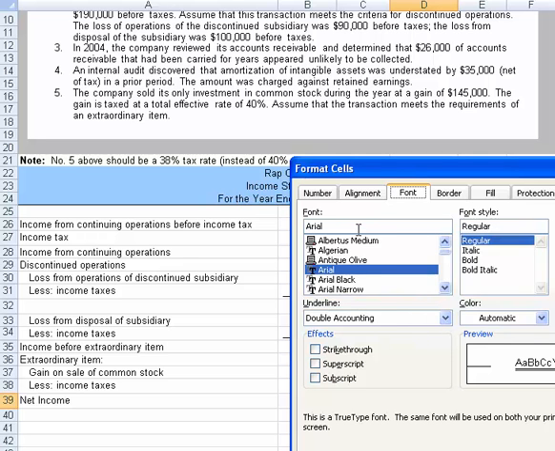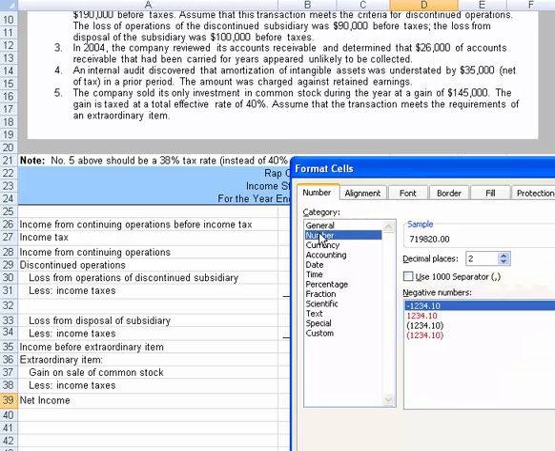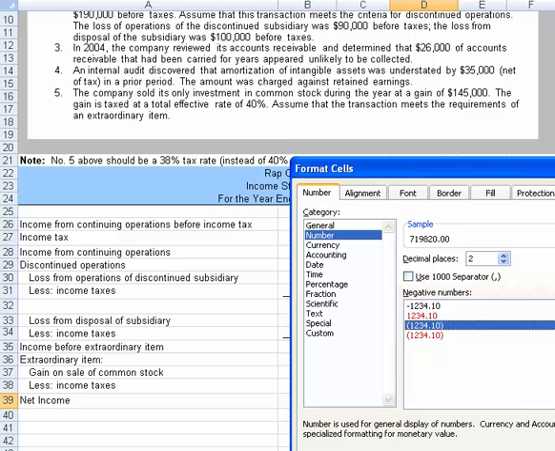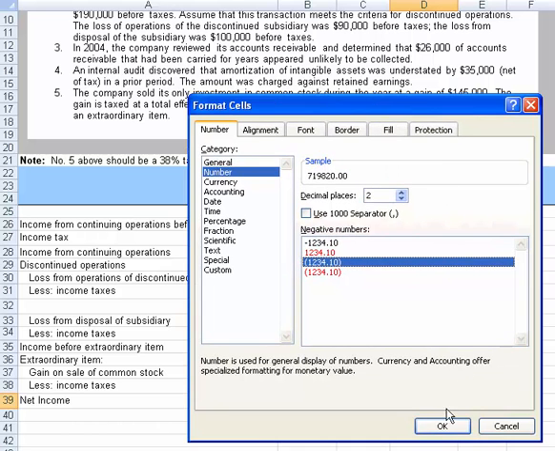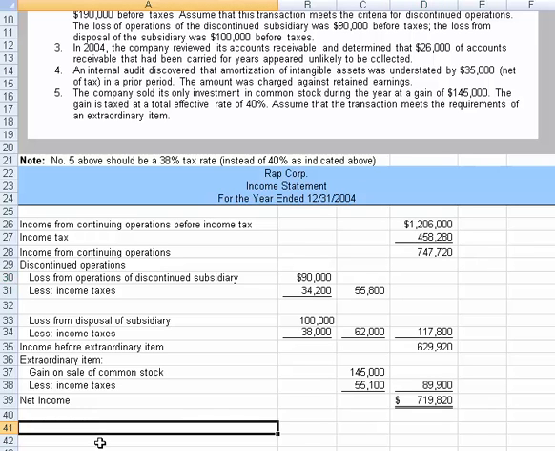Font, double accounting, but the number has to be like that, I think is fine. Okay, and there. Now we bring it back to life. Put a $ sign, no decimal points, and we get 719,820.